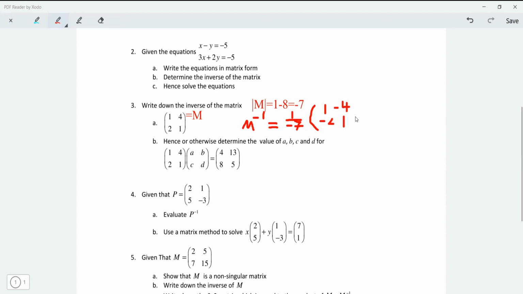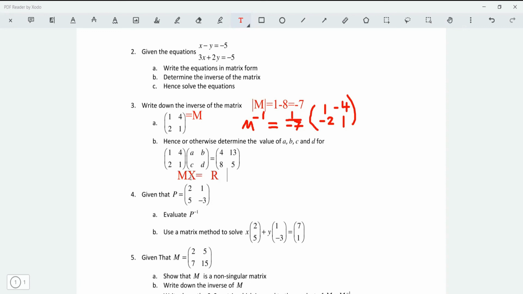Nice. It says hence or otherwise we're supposed to solve this one. Now usually what you're solving ends up being just x and y, but this has 4 unknowns. It looks a little bit different, but it's the same procedure. We have M times our unknown matrix X equal to the result matrix R. So we know how to find X already.